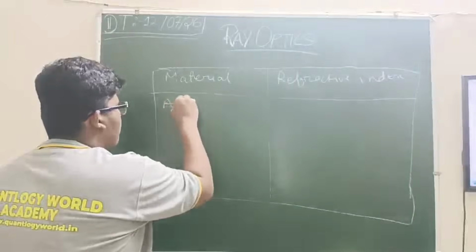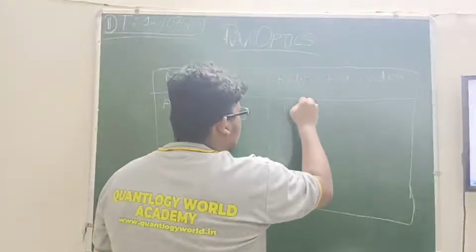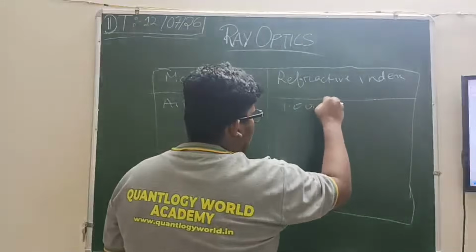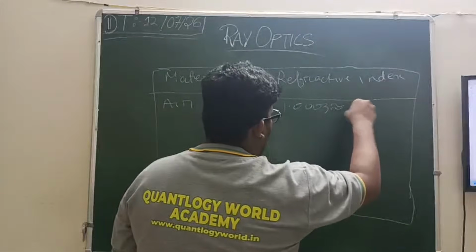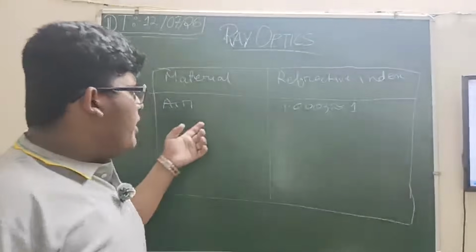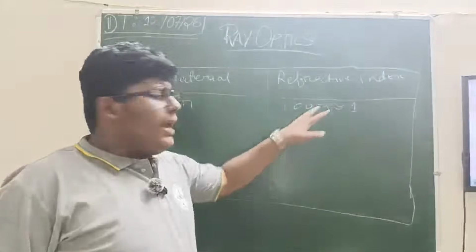First is air, 1.0003, which is equivalent to 1. The refractive index of the air medium is 1.0003, but you can write it as 1.